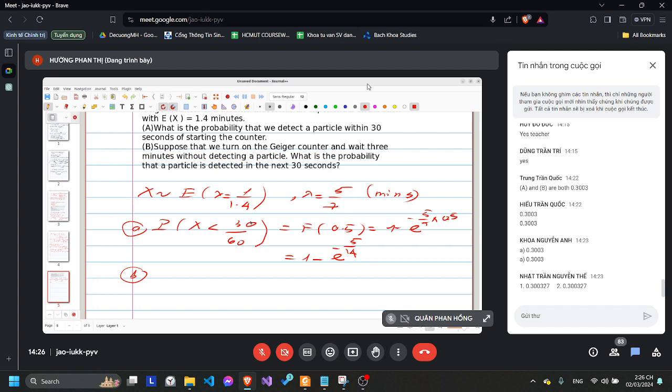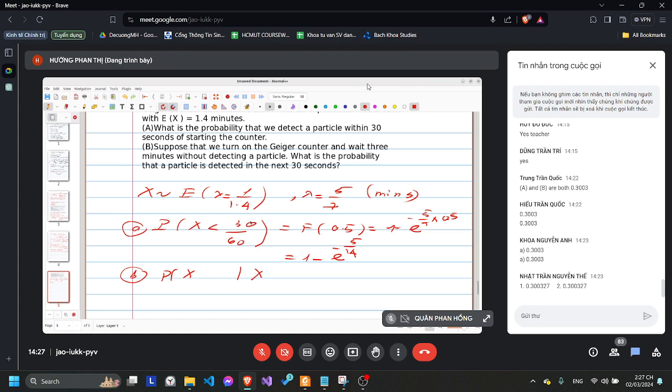So actually question A is the normal probability, but question B will be the conditional probability. So I will write this as the probability of S, where we want to find the particle within the next 30 seconds, given that no particle was found within the first 3 minutes.